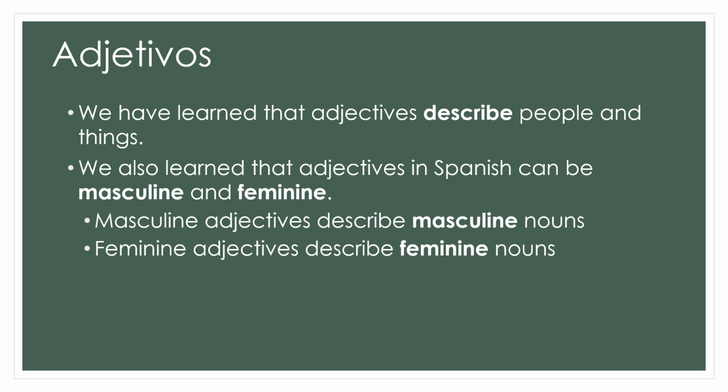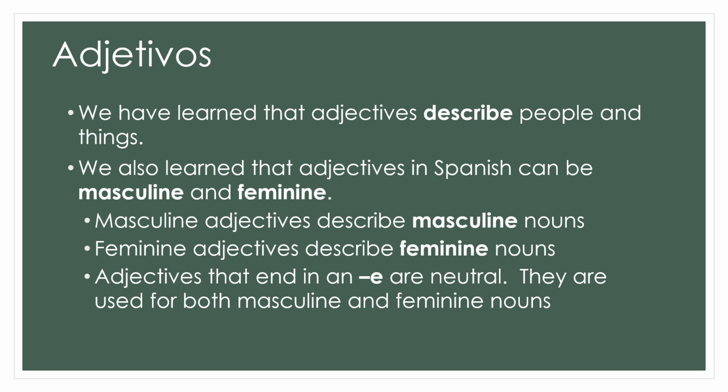I also told you that the default, when you look up an adjective, is going to be in masculine form, and you need to know how to change it to feminine when you need it. Usually most of your masculine adjectives end in an O, not all, but most. And to make that feminine, all you do is change that O to an A.